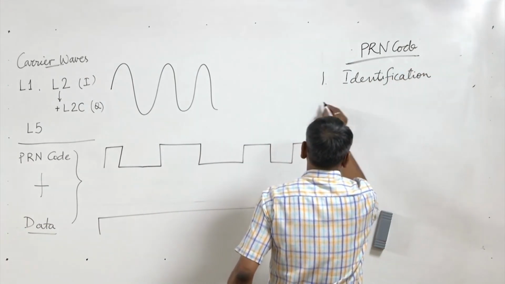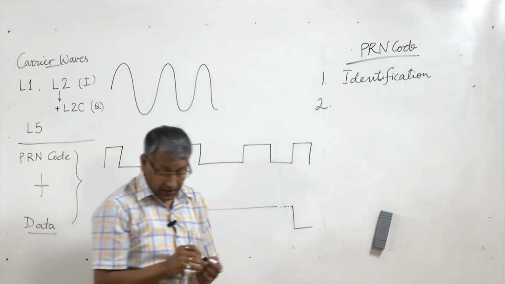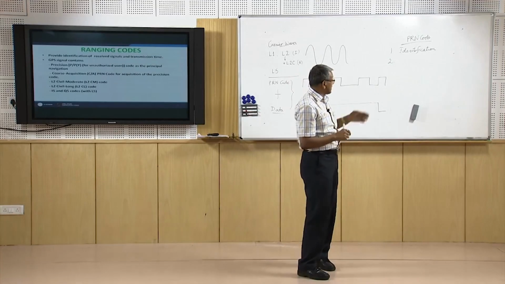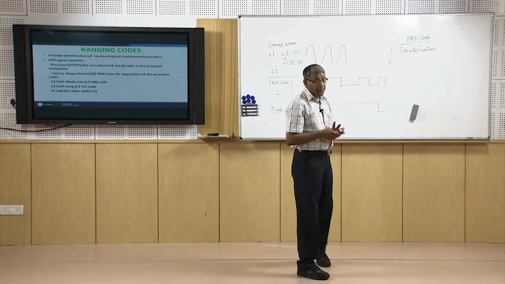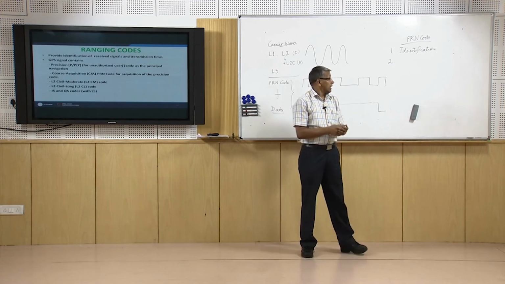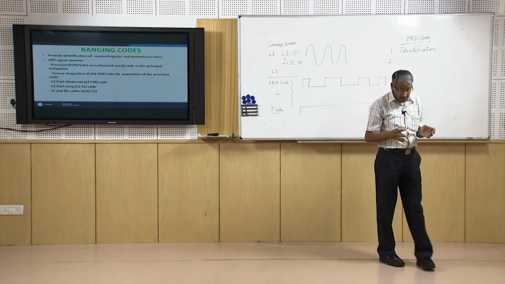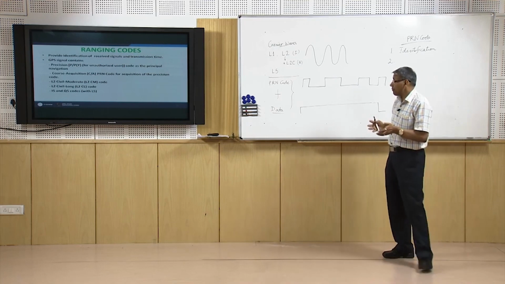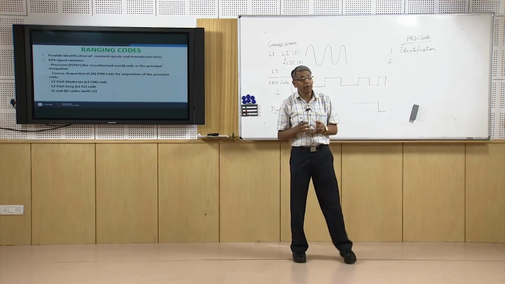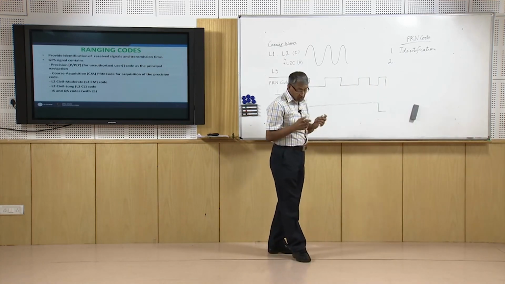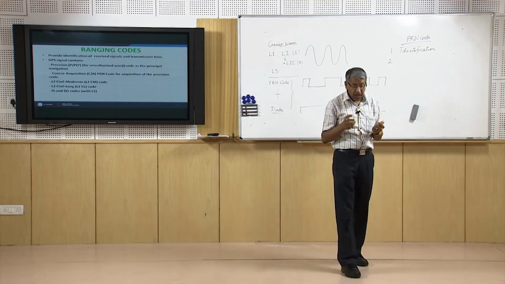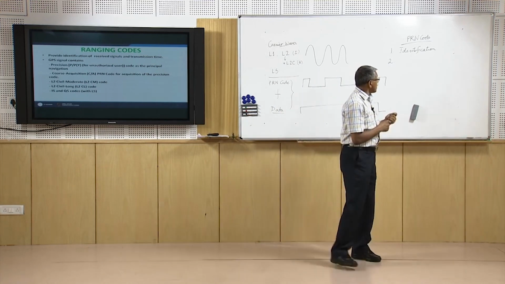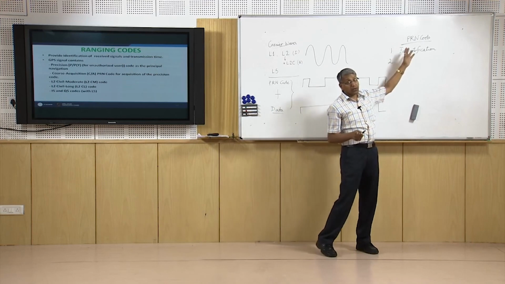But another more important function, not less than identification, is that the PRN code provides the basic framework to acquire the signal by the user. So acquisition of the GPS signal is possible because of the nature of the PRN code.